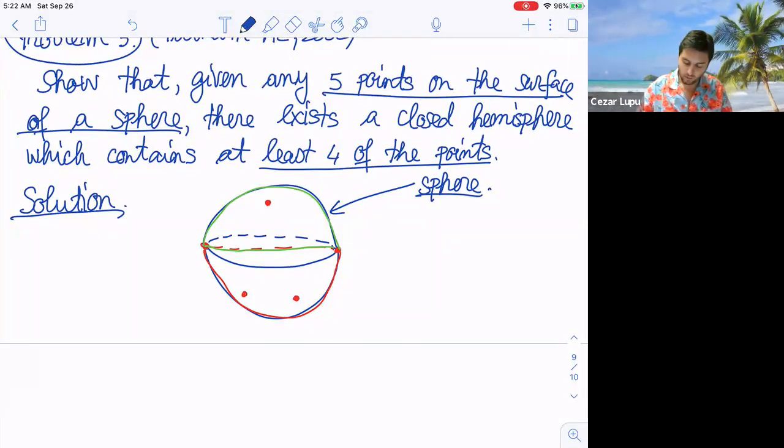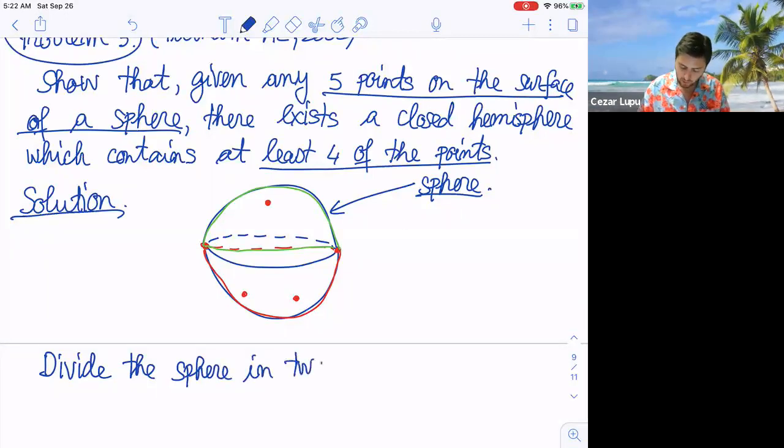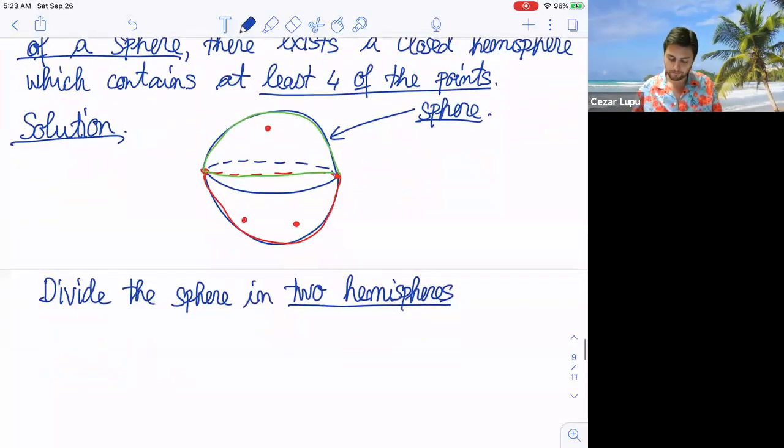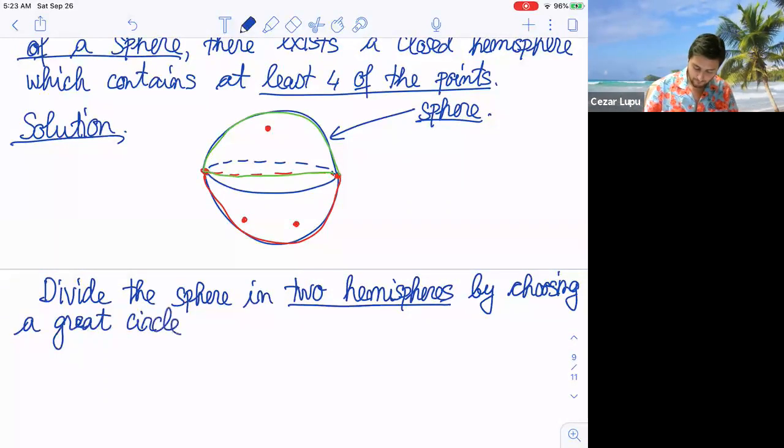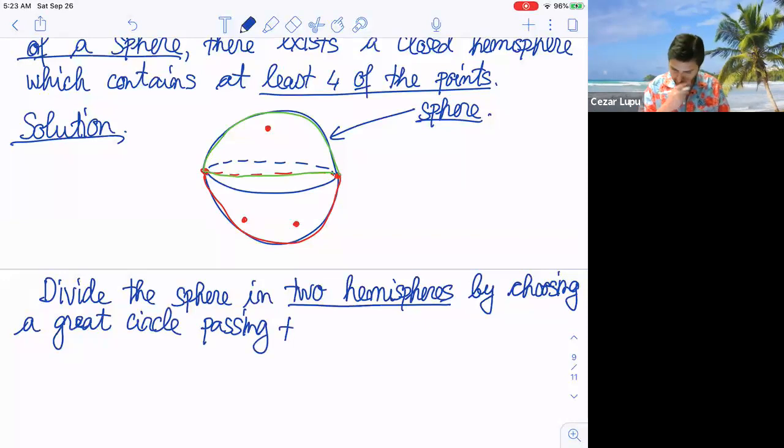Okay, let's see. So we divide the sphere into 2 hemispheres by choosing a great circle passing through any 2 points.